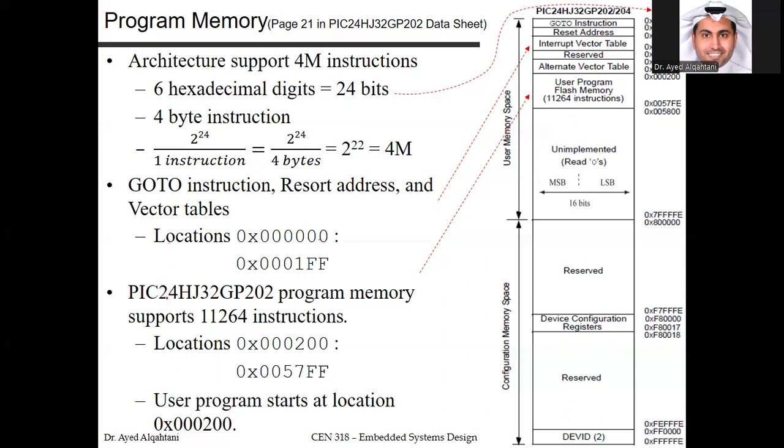So now, if you have code, you can put your program in the program memory, starting from this location, which is 0x002000, which is right there. You can start writing your program. The first instruction, or the machine code of your code, will be here, followed by the next one, all the way.